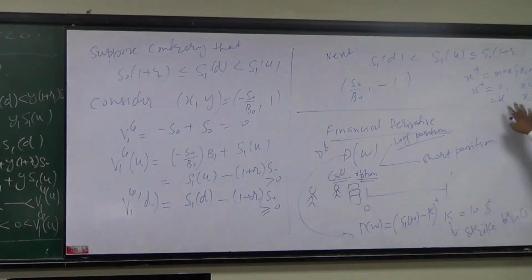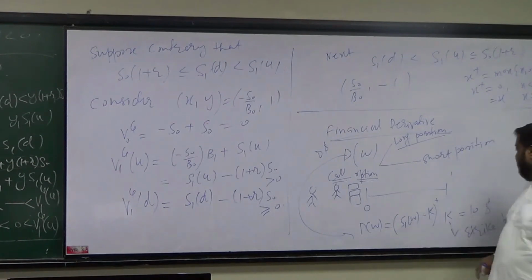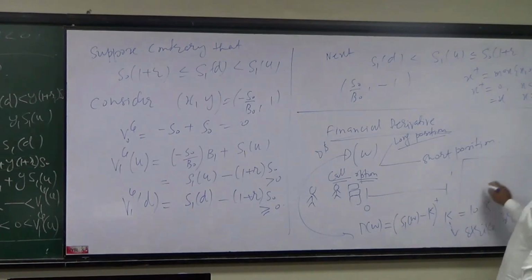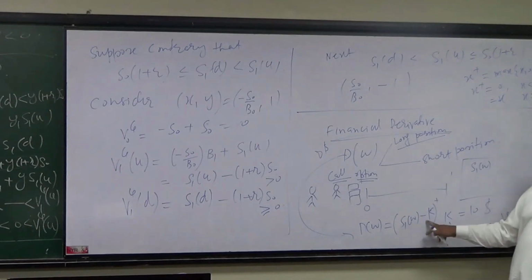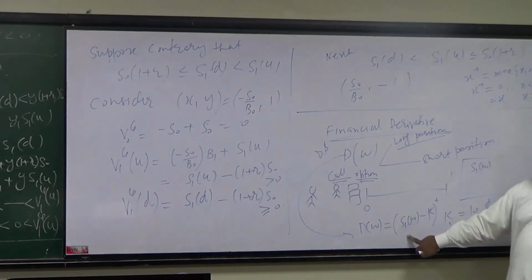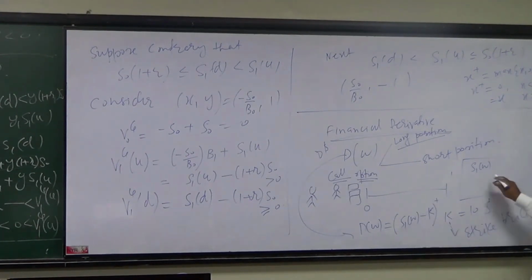So it's a good recipe to say the same thing. Are we going to get the same thing? Just think about it. For S1 of omega, I can have two possibilities: either it is bigger than K or smaller than K. If it is bigger than K, what is the D of omega?